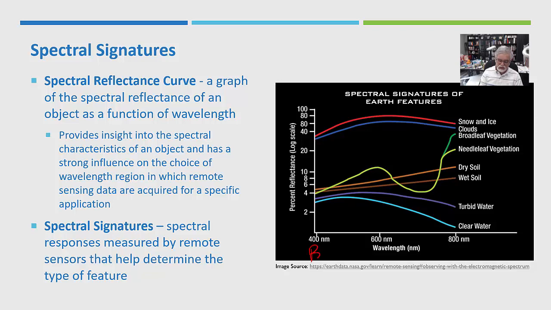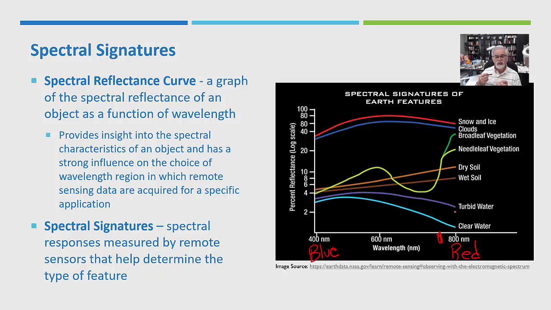So the blue end of the spectrum is down here, and the red end of the spectrum is up here, about right there. And so this is near infrared over here in the 800 area. And we can see that vegetation has one spectral signature, and turbid water would have a different spectral signature, and so on and so forth.